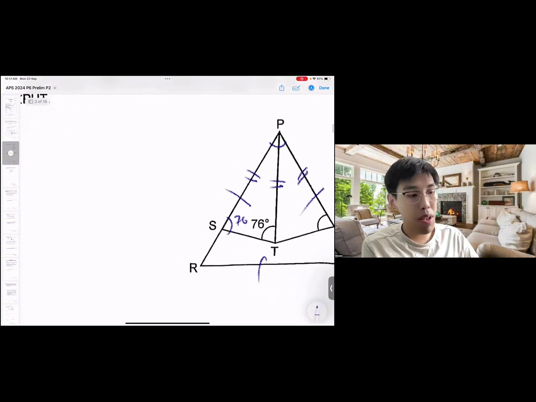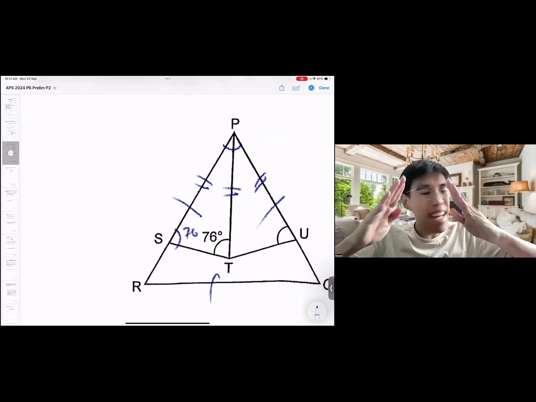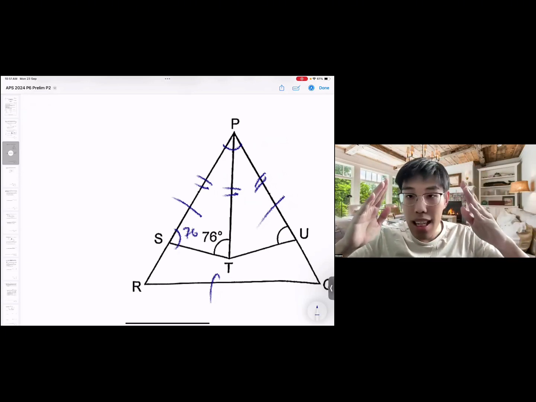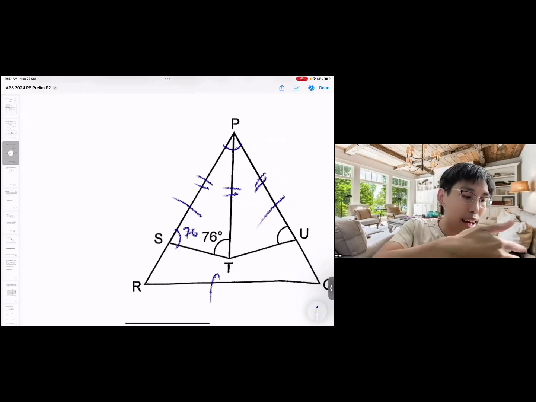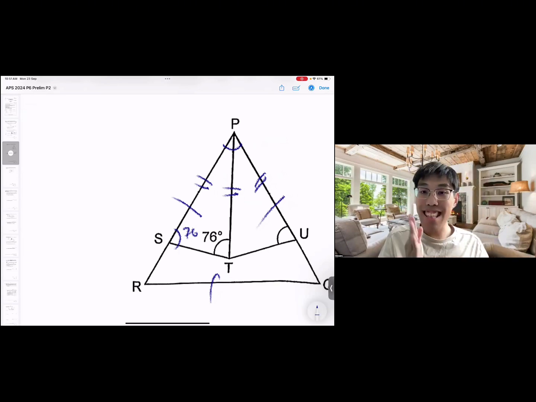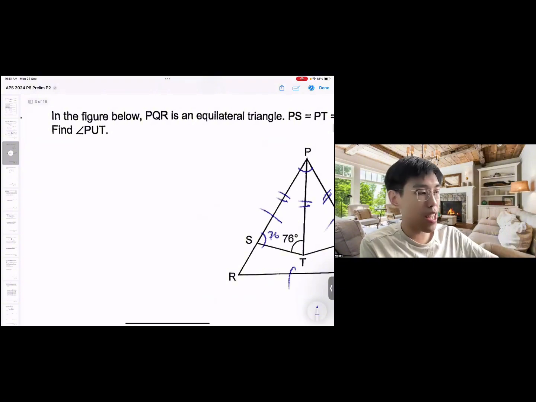As you can see, it has already divided into two isosceles triangles. They have the same length, but that doesn't mean that they have the same base angle. They only have the same length. This one is important. Most people just say, hey, same length, so just 76. No, that's not how it's supposed to work. So be very careful about this kind of thing.